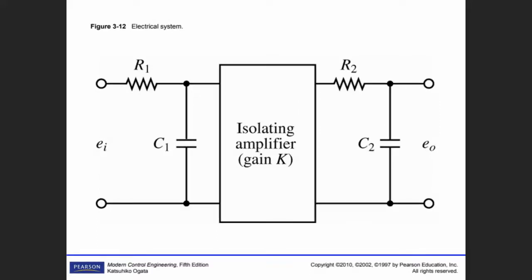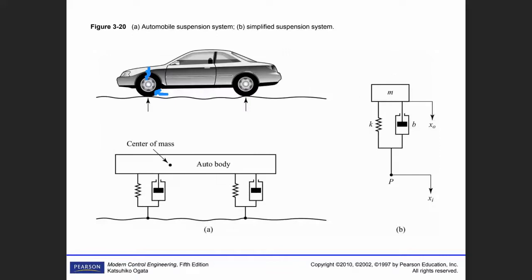We have solved and see that if there's a buffer between the primary and secondary networks, you just multiply with k the transfer function of the first one and the transfer function of the second one. And then we have seen this model.